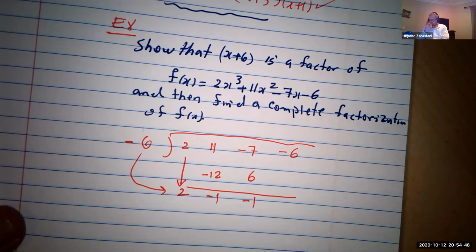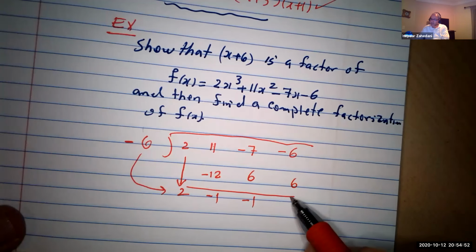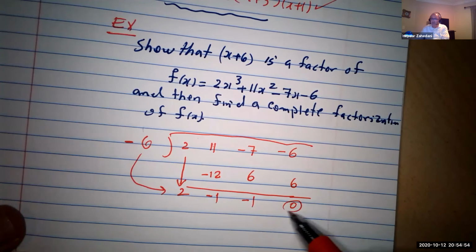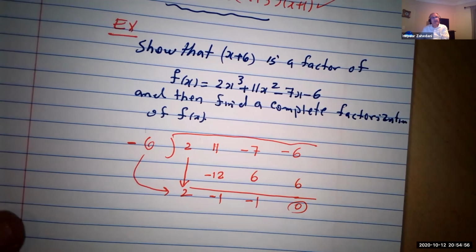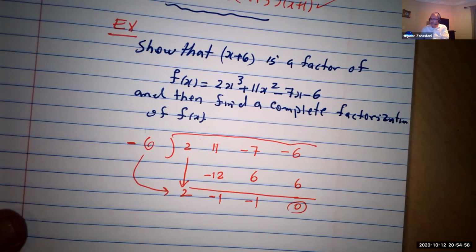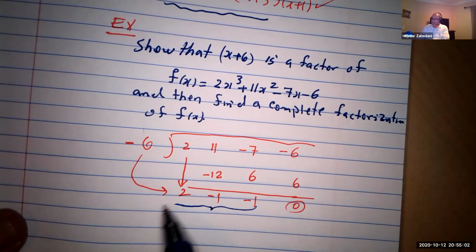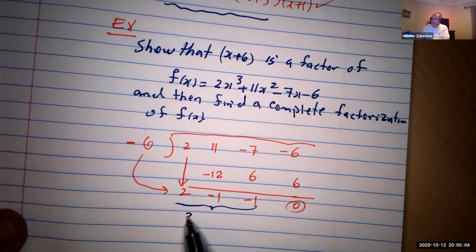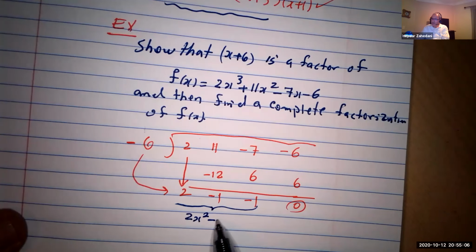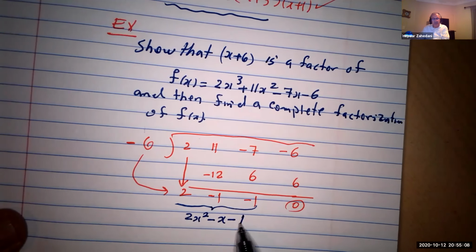And -6 times -1 would be +6. That would be 0. So that confirms that x plus 6 is a factor. So what's going to be the leftover? The leftover is going to be 2x squared minus x minus 1.